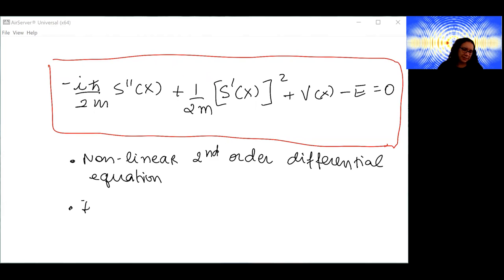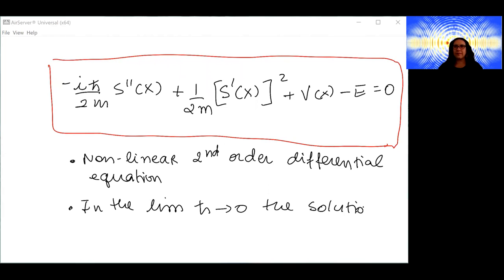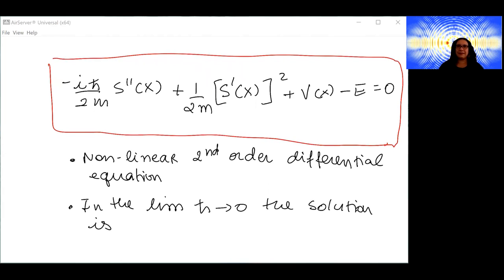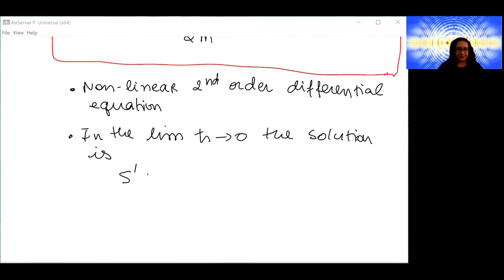And in the limit ħ going to 0, the solution is S'(x) = ± sqrt(2m(E − V(x))).